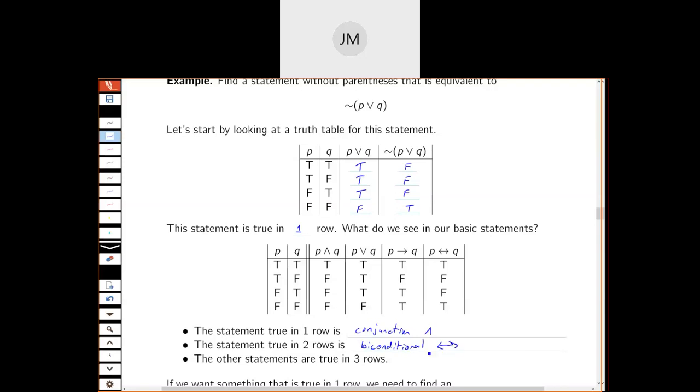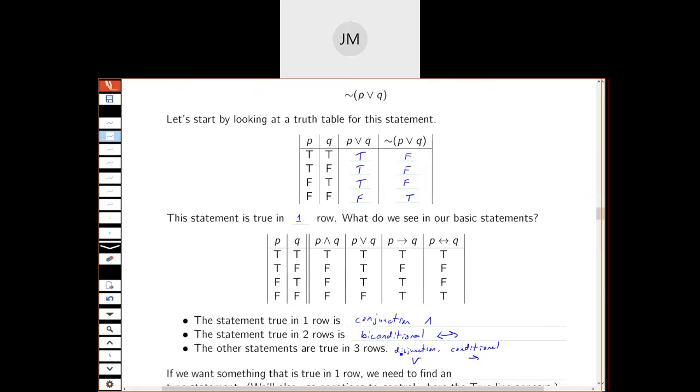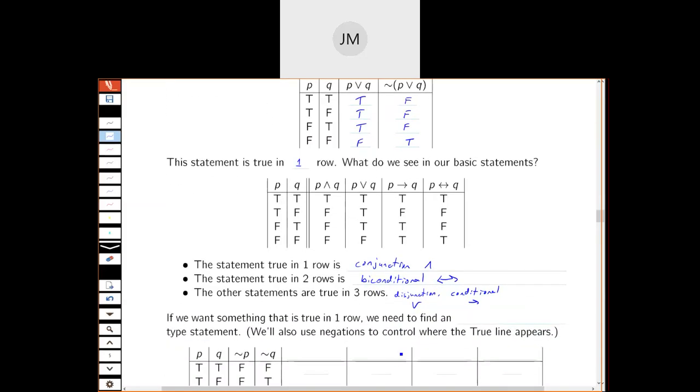The other statements, the or statement and the if-then statement, are true in three rows. So the disjunction and the conditional are true in three rows. So if we want to find something that's true in one row, it looks like we're going to need an and statement.